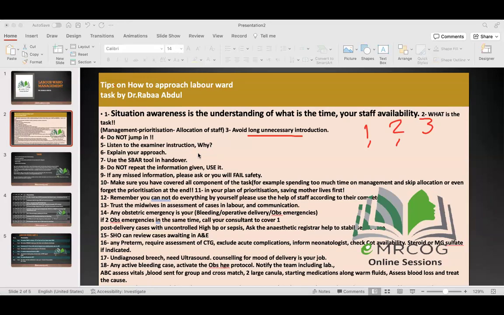sometimes there is one case on the board that very clearly needs your presence now. For example, you have a case of ruptured uterus, a case of cord prolapse with pathological CTG, or a case of shoulder dystocia. Those are obstetric emergencies where we all know that you need to press the button for help and call the code.